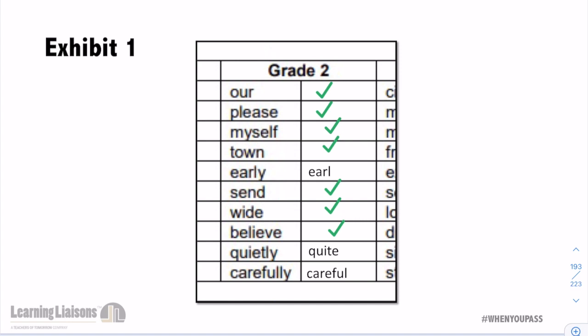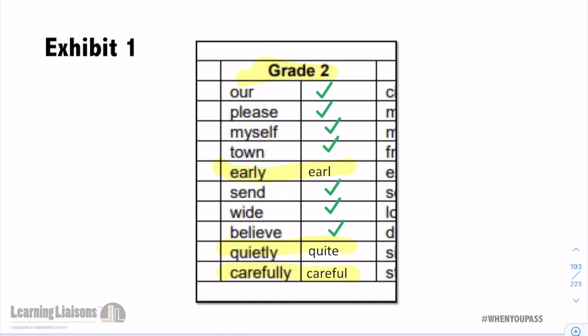All right, so we're looking at grade level, right? That said she was in second grade, so grade level list. And she got everything correct except here, here, and here. She said Earl instead of early, quite instead of quietly, and careful instead of carefully.